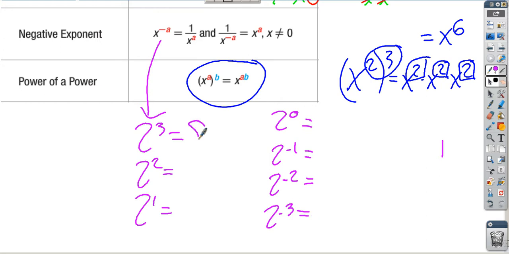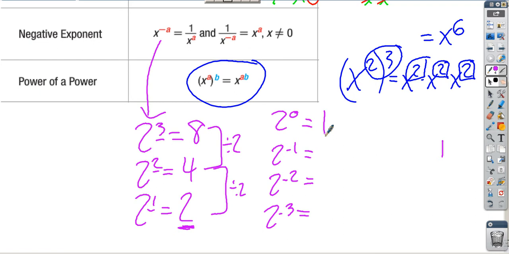Well, 2 to the third is 8, 2 to the second is 4, 2 to the first is 2. 2 to the 0, if we follow this pattern, notice that every time you're decreasing this exponent by 1, what's happening to these numbers? You're taking half of them, and you're dividing by 2. So if we follow that same pattern, we take half of that number, we get 1. And anything at all to the 0 power, any number raised to the 0 power equals 1.